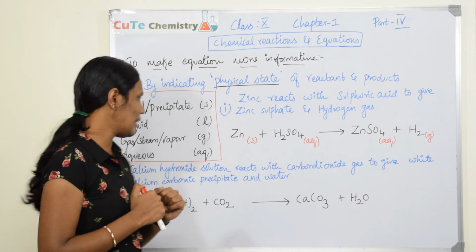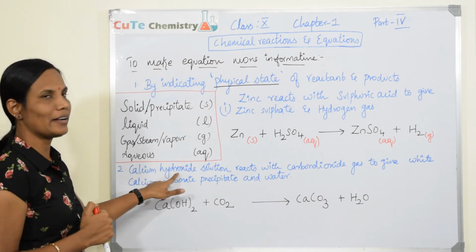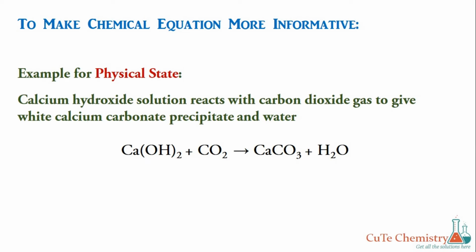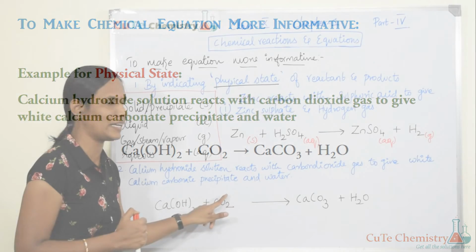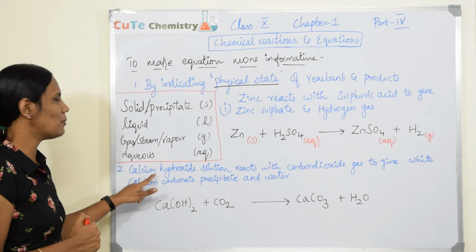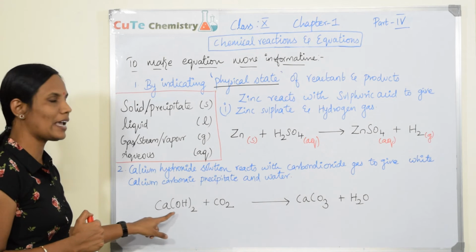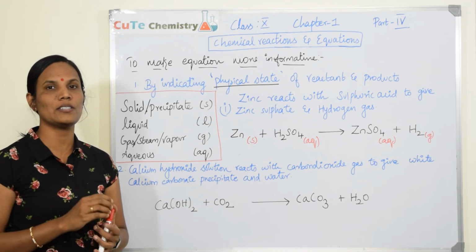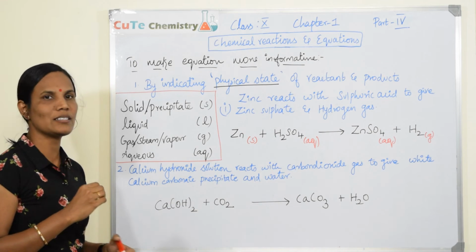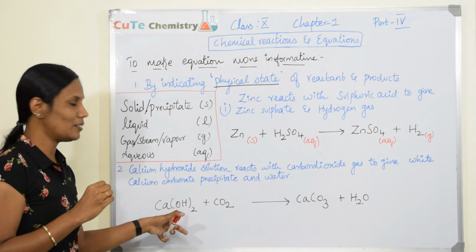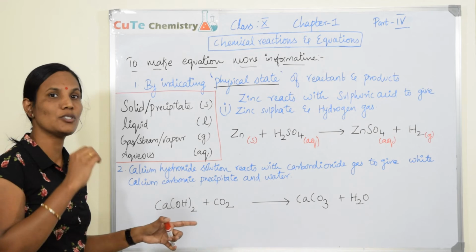Let us take another example. Calcium hydroxide solution reacts with carbon dioxide gas to give white calcium carbonate precipitate and water. So this is the equation. The formula for calcium hydroxide is Ca(OH)2.